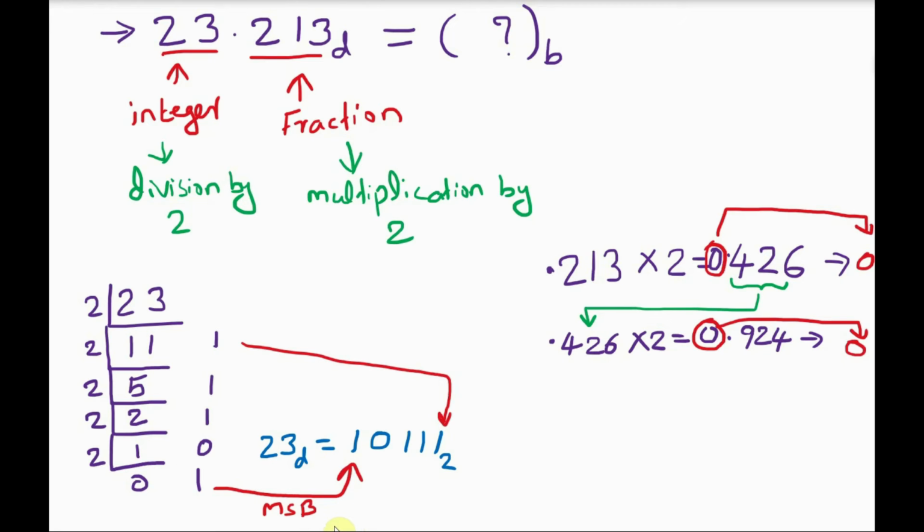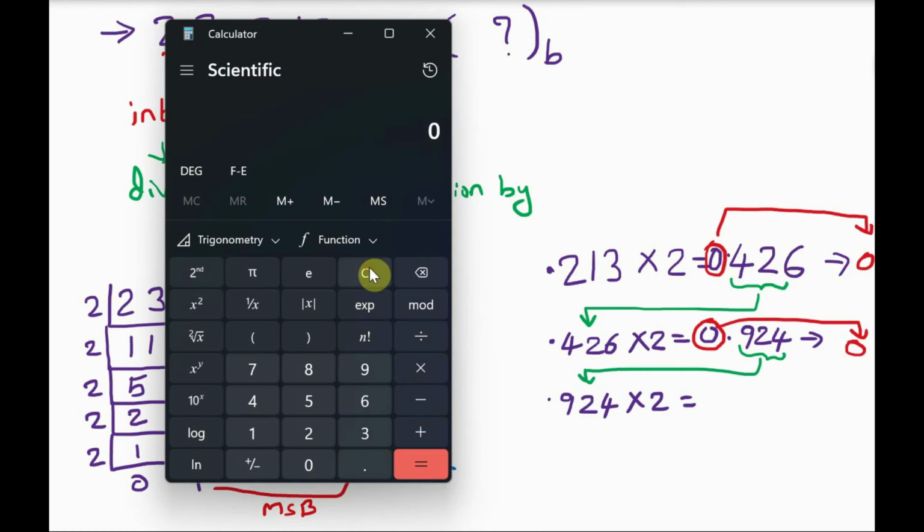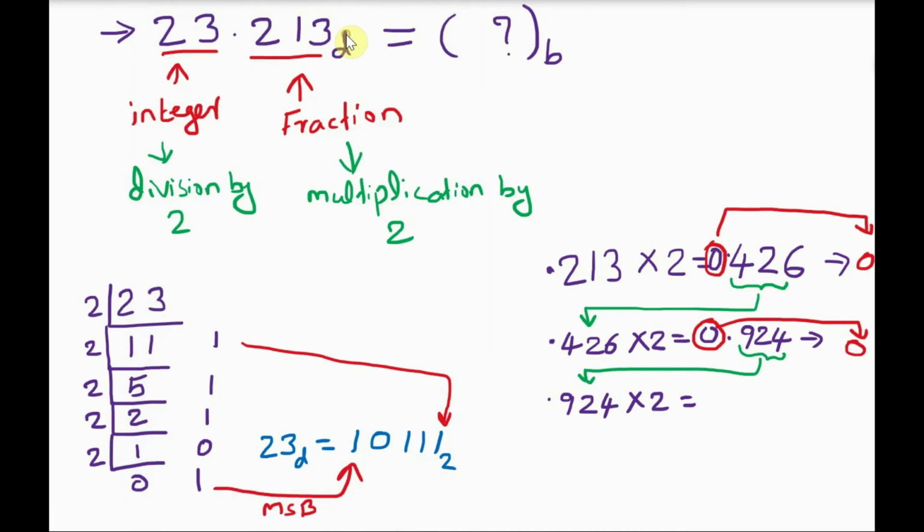Now again take this fractional part and multiply by 2. That is 0.852 into 2, that is equal to 1.704. So now we have to take this 1 here.